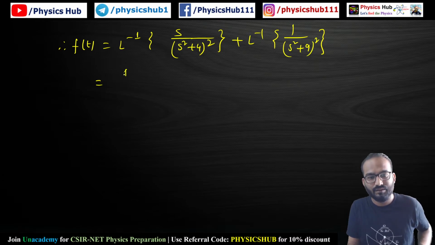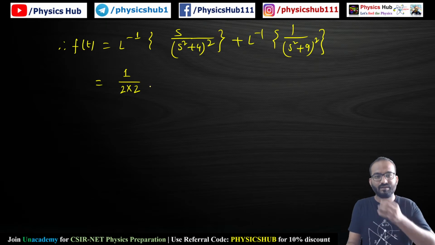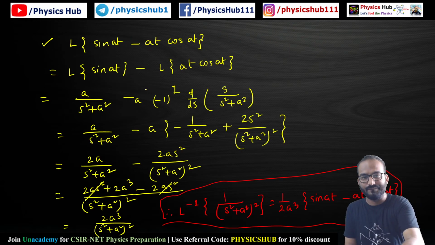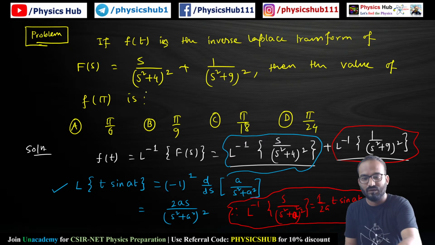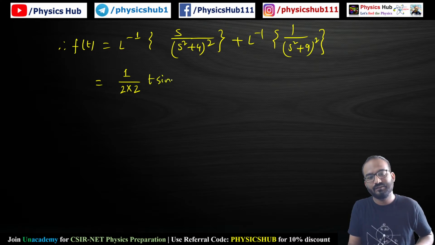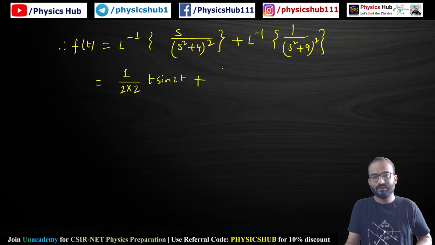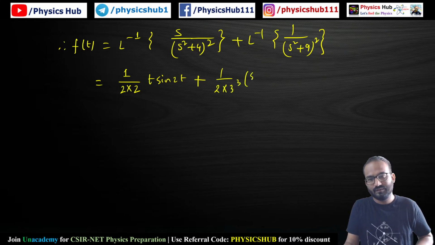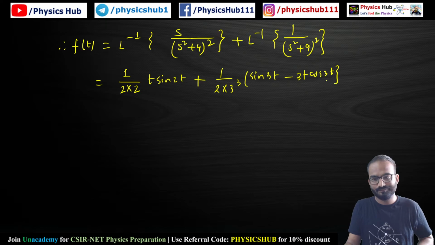So 1 by 2a, so 2 into 2, t sin at. 1 by 2a into t sin at. So what will it become? t sin 2t plus this one, 1 by 2a cube, a is 3 here, so 3 cube, sin at minus at cos at. Okay, this will be the value.